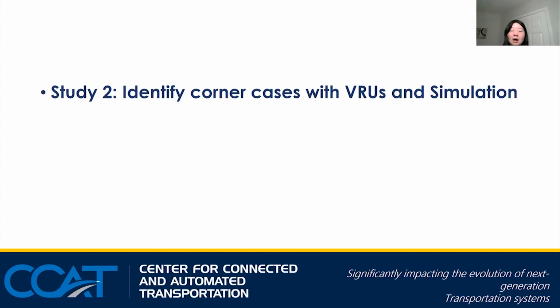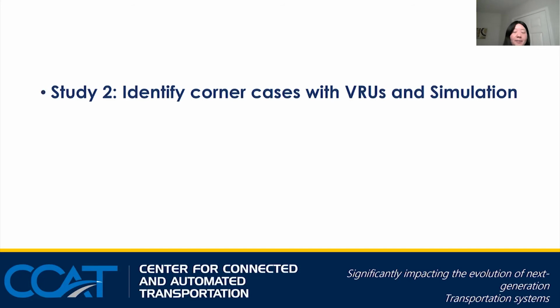So when we develop AV technologies, their interaction with vulnerable road users is very critical, because that is a very challenging part, because currently a lot of sensors have a limitation in detecting small objects like pedestrians or even bicyclists.